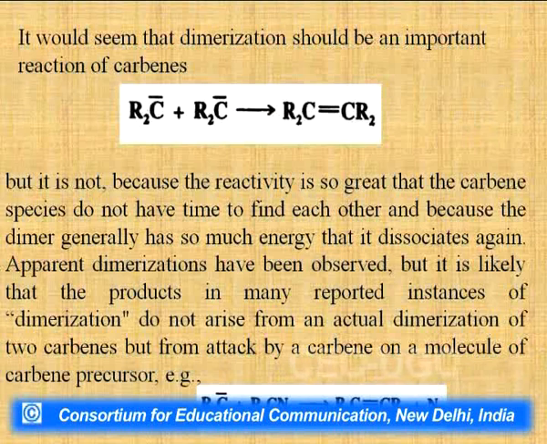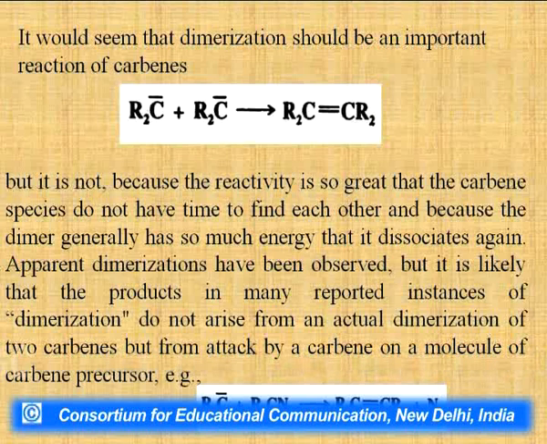It would seem that dimerization should be an important reaction of carbenes. It would seem so, but it is not, because the reactivity is so great that the carbene species do not have time to find each other, and the dimer generally has so much energy that it dissociates again. Apparent dimerizations have been observed, but actual dimerization is not there, due to the energy concern.